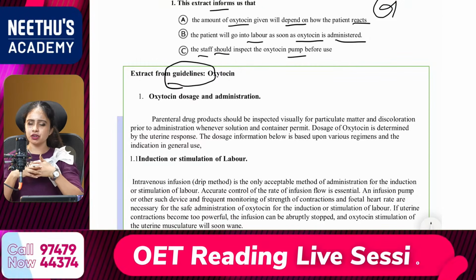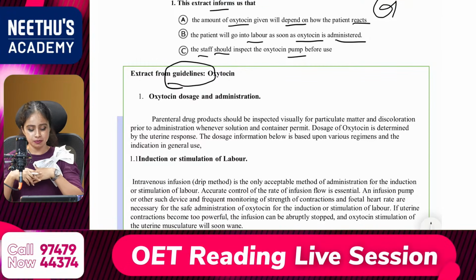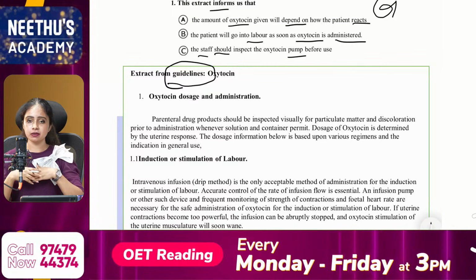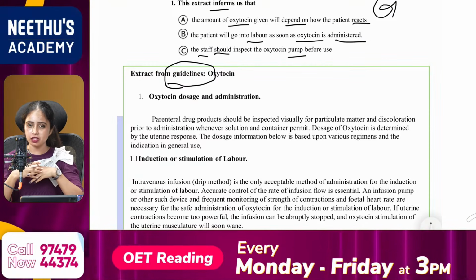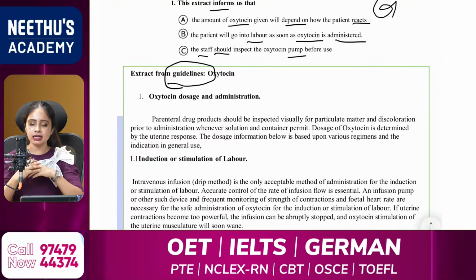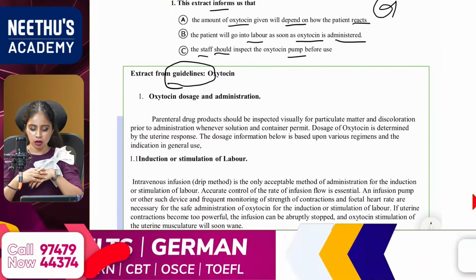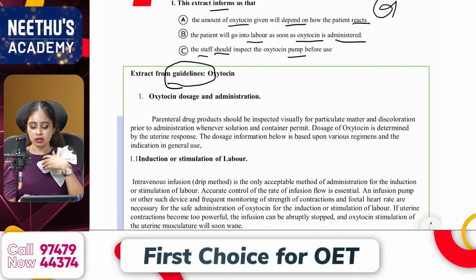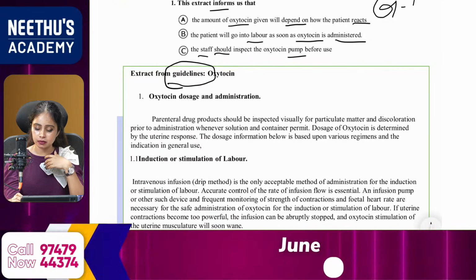So what are you reading for in a guideline? What are guidelines? Guidelines include a set of principles or instructions, recommendations that someone has to follow. So in the guideline, we are reading for details.